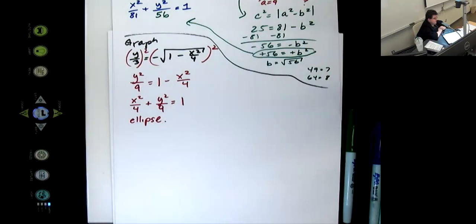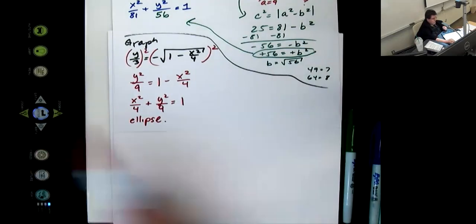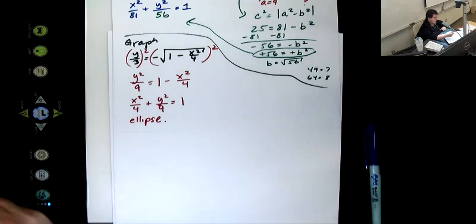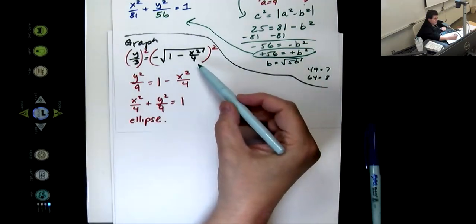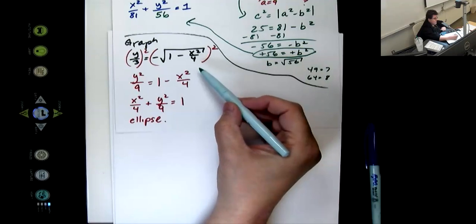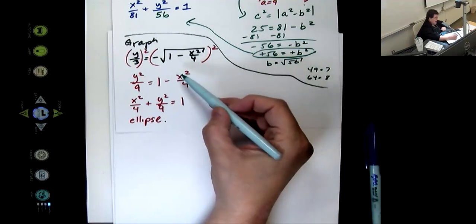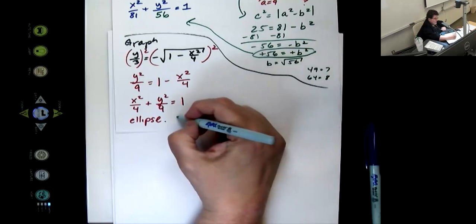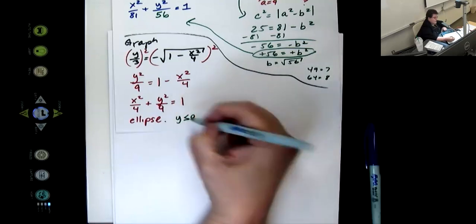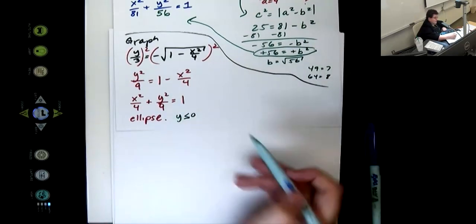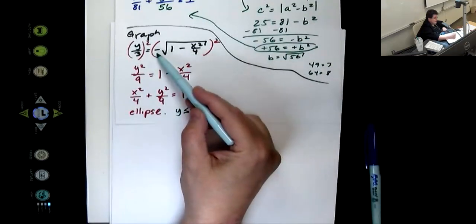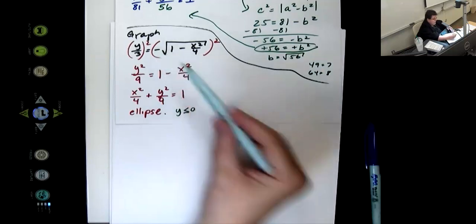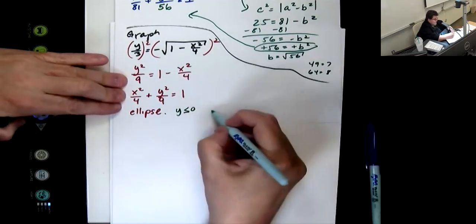But we have a restriction from the beginning. y over 3 has to equal a negative square root, which means y over 3, or y, has to be less than or equal to 0. Because the square root always spits out a positive number, but the negative makes it negative. So we don't have a full ellipse, we have the bottom half of an ellipse.